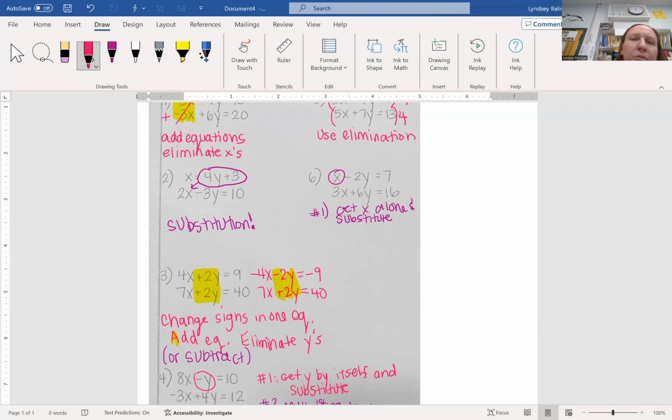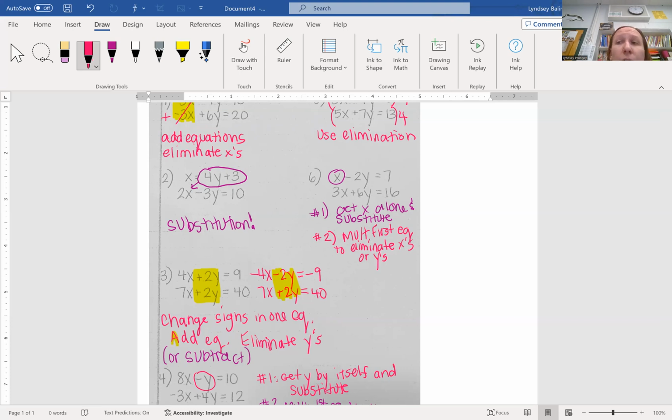Or option 2, we could multiply the first equation either by 3 or by -3, depending on what you wanted to eliminate. I'm going to be a little bit more general on this one. So multiply your first equation to eliminate x's or y's, because either way, depending on which number you use, 3 or -3, one of them would be eliminated.